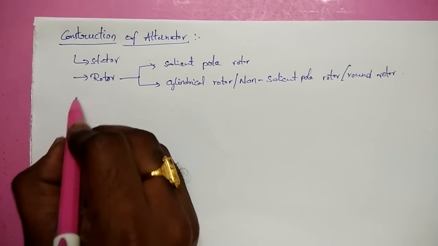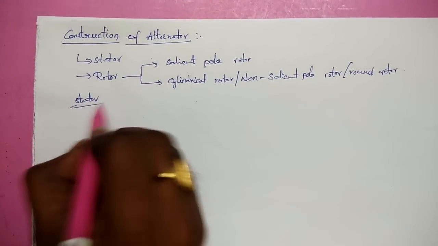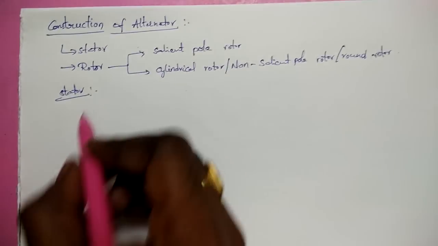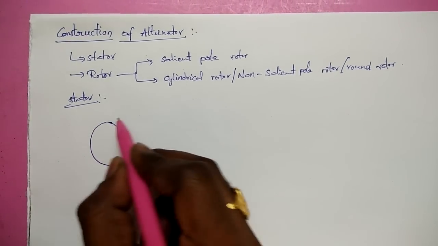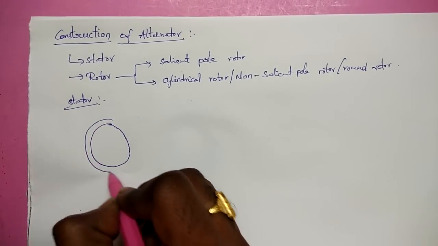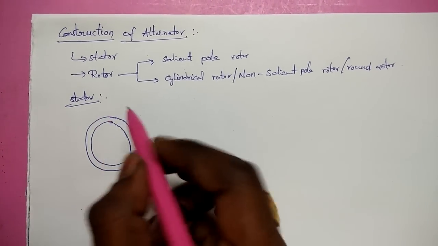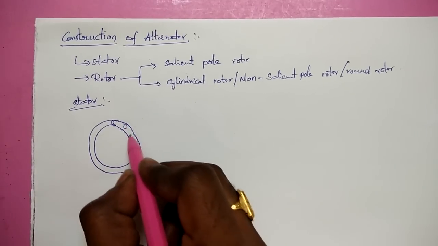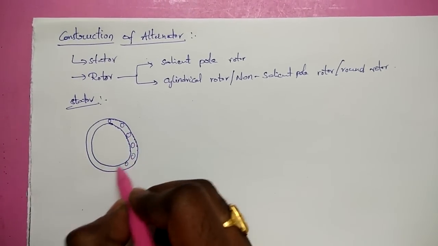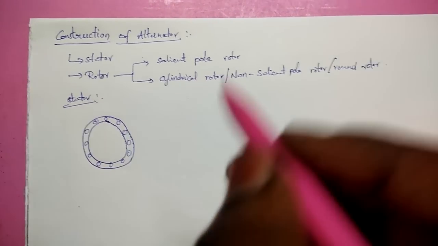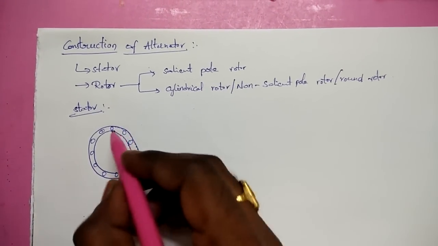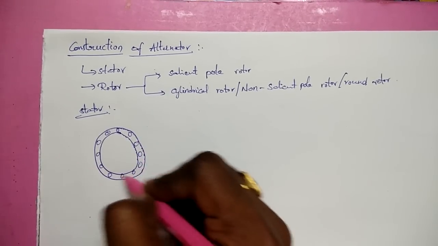So first we will see the stator. The stator is like this, and it contains slots. This is a cross-sectional view of the stator, and there is a three-phase winding placed in these slots.